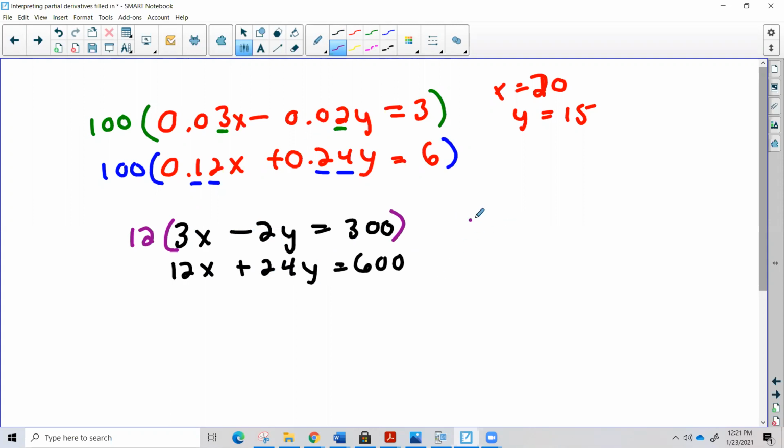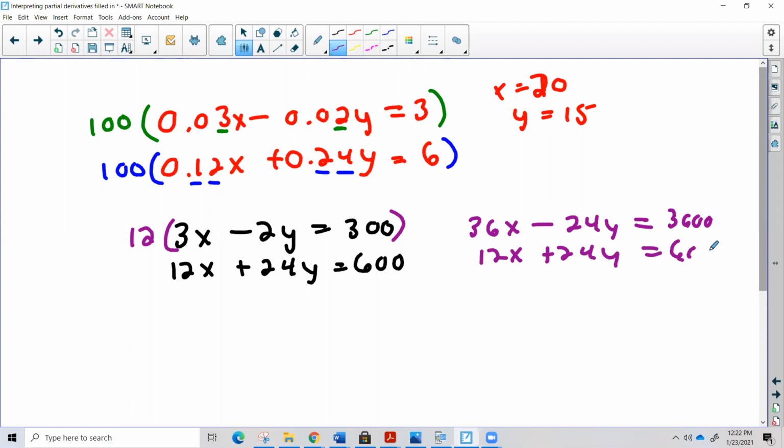So if I do that, I'd get 36x minus 24y equals 3,600. I don't have to change this equation. And now I can add the 2 equations.